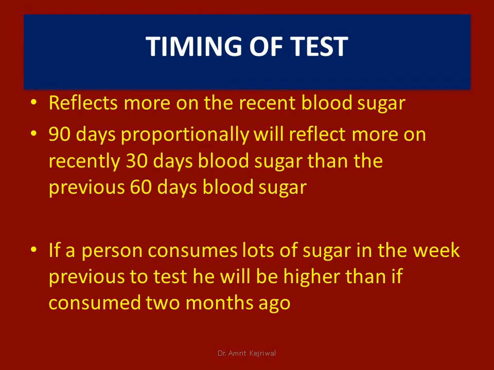Say a patient takes the test and in the last 7 to 10 days consumes a lot of sugar, while another person consumed the same sugar 2 months back and after that maintained his sugar, then the glycated hemoglobin will reflect more of the last few days than the previous 2 months.